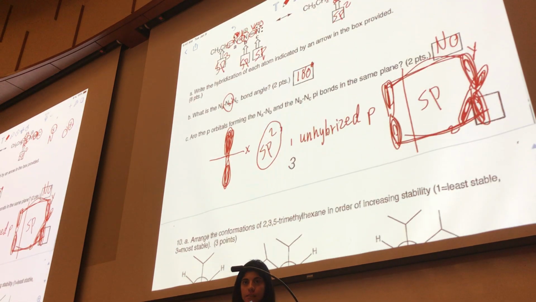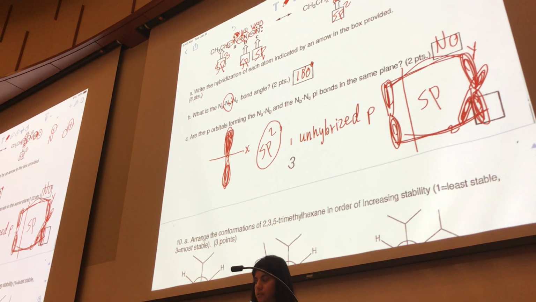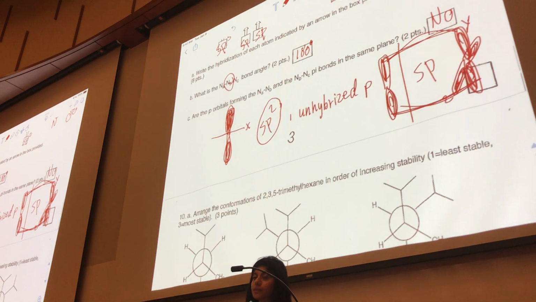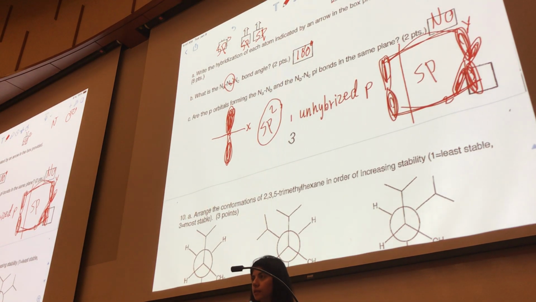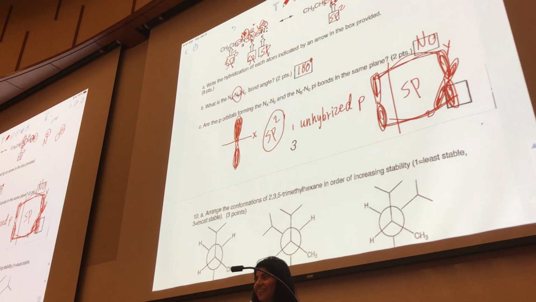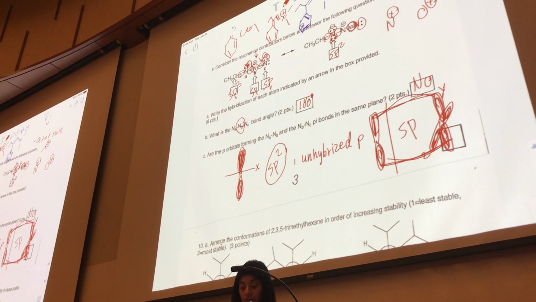Does that make sense? I think this was the trickiest question on this exam. My personal opinion, because this was my test. Yeah, this was when I took it, memories. I remember this question, I had it circled.